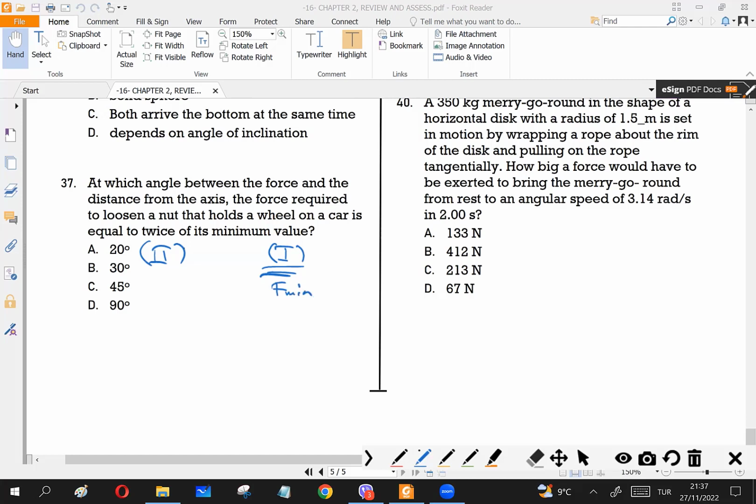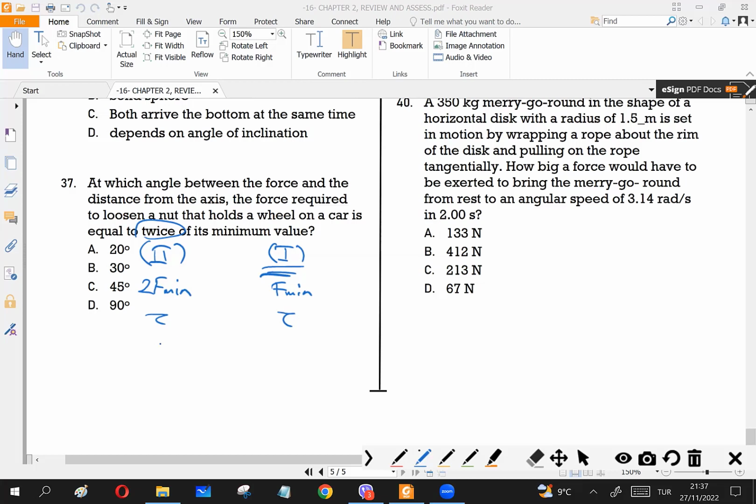But in the second case, the force you are going to apply is twice this minimum force, 2 times F minimum. But in both cases, required torques are equal. Why? Because if you want to rotate the nut, you should apply minimum torque, which is equal to the torque produced by the friction. It doesn't change.